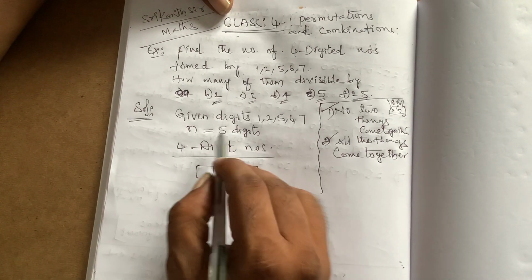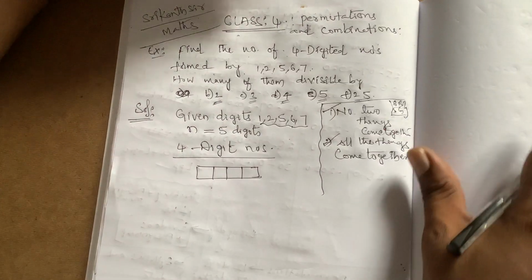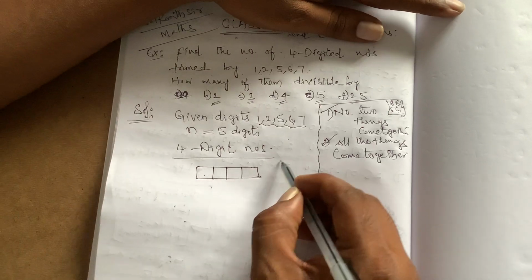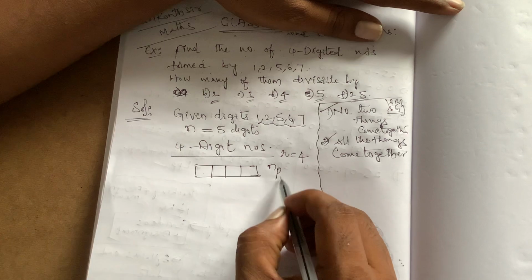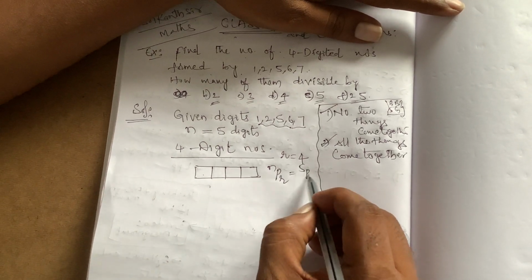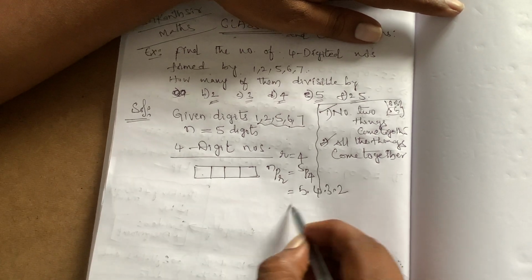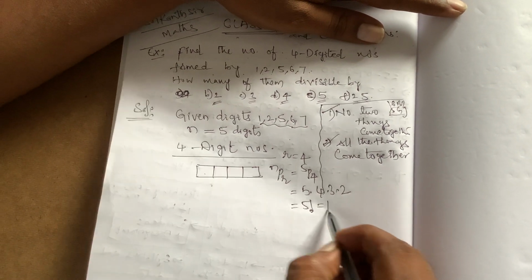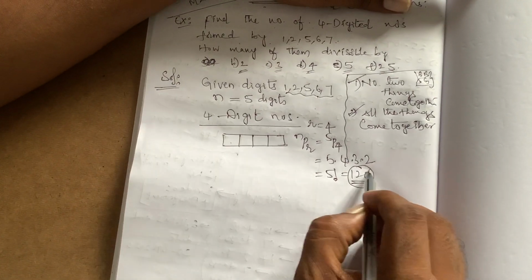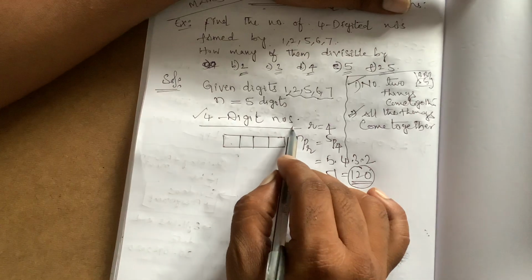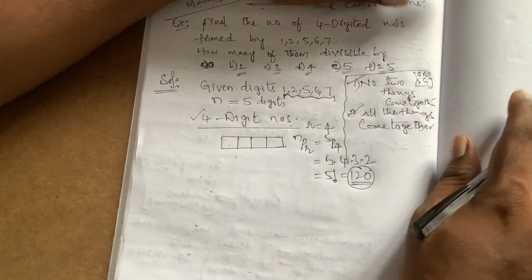That means out of these 5 digits I have to select 4 and arrange them, so r is equal to 4. According to the formula nPr, I get 5P4, which is 5 into 4 into 3 into 2, equal to 5 factorial, which is 120. So 120 four-digit numbers we can form with the given digits 1, 2, 5, 6, 7.